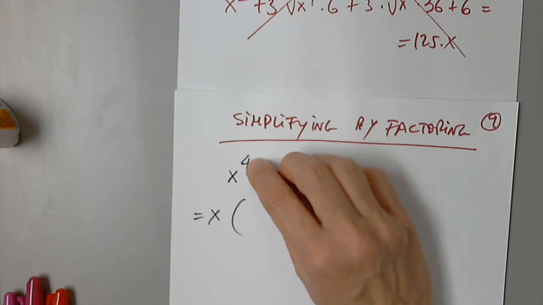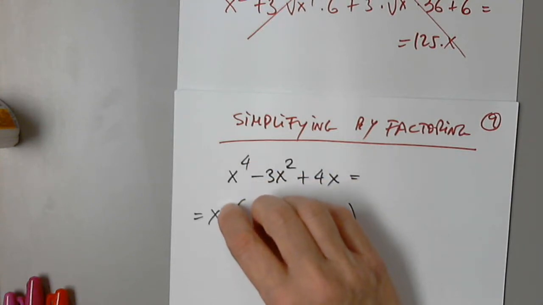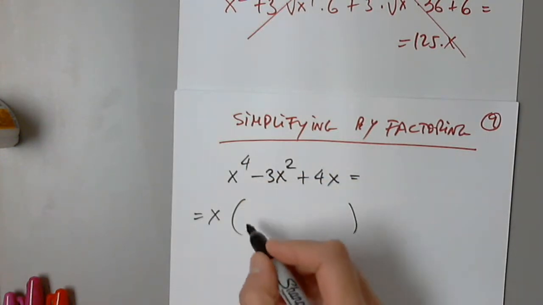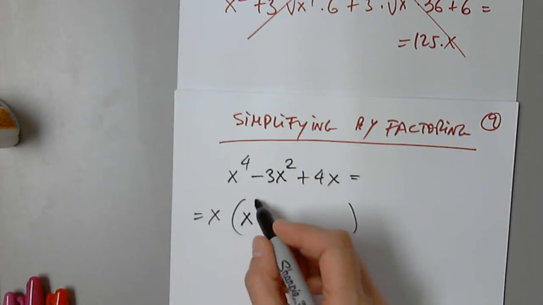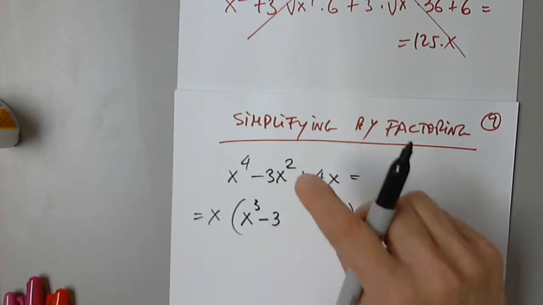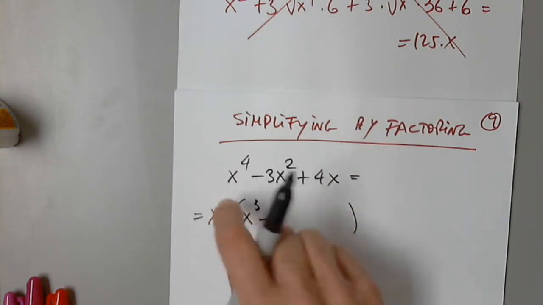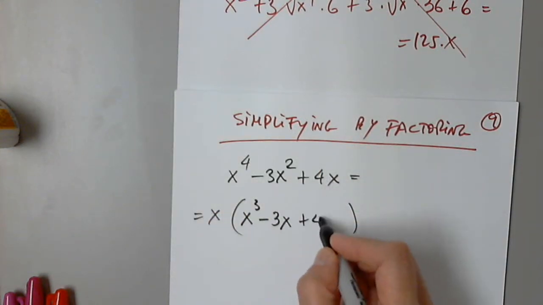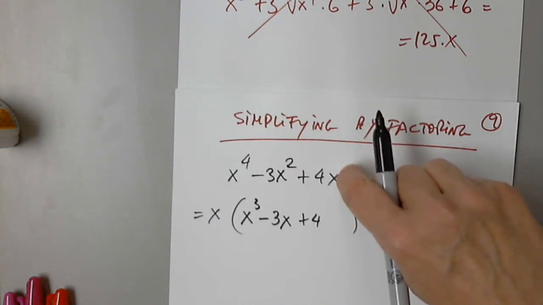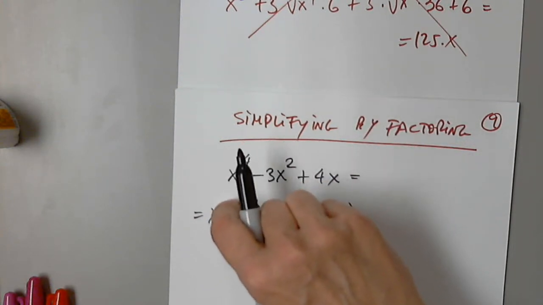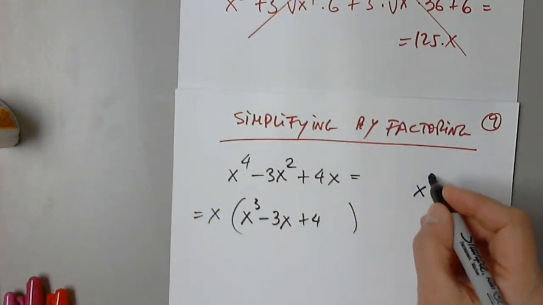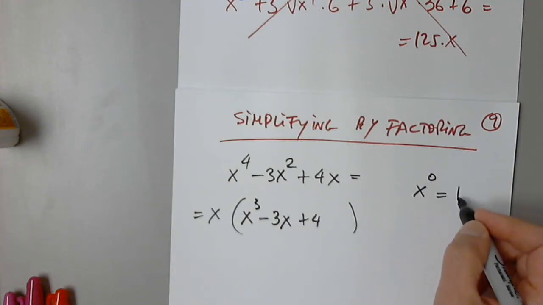From power 4, I subtract power 1, and what I have left is x cubed, minus 3. From power 2, I subtract power 1, and I get x, plus 4. From power 1, I subtract power 1, and I get power 0, which means 1.